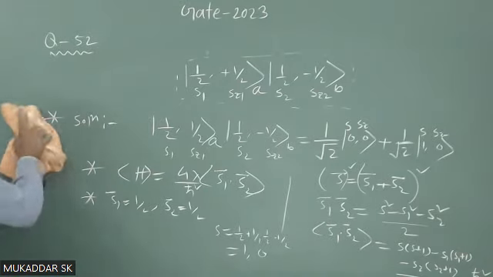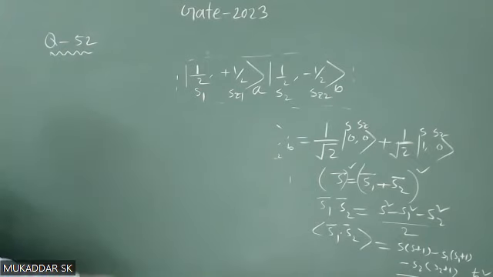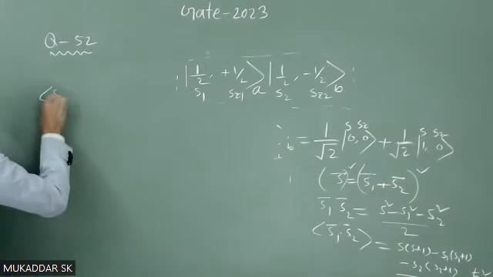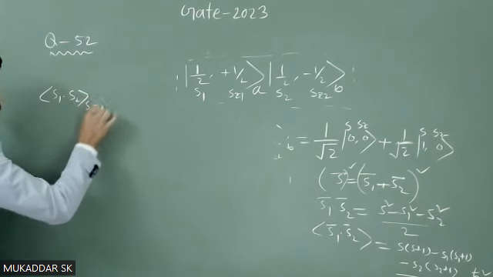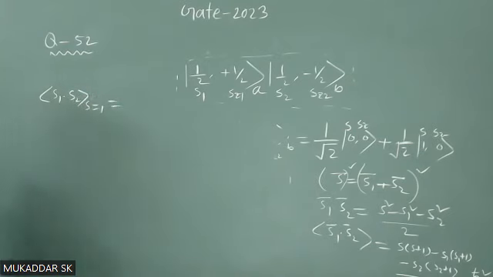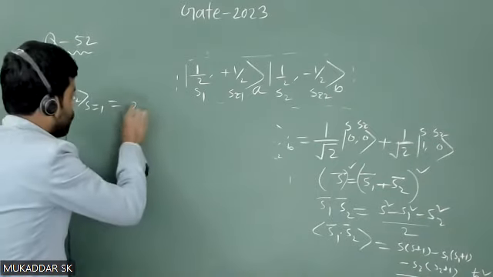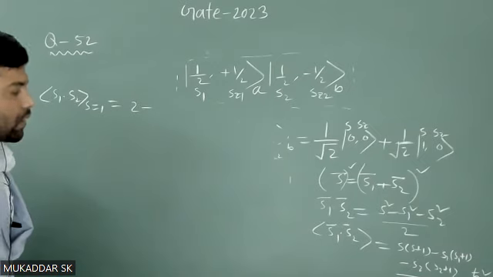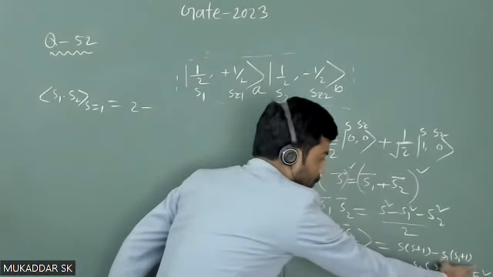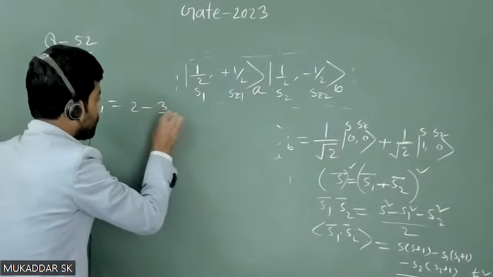Okay. Now if I calculate the expectation value of S1 dot S2 for S equals 1, I'll get 1 into 1 plus 1, that will be 2, minus S1 is half, so half into half plus 1, that will be 3 by 4.